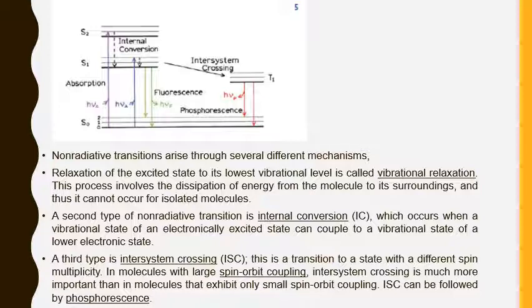Now, if there is a possibility of a triplet state in the system, then intersystem crossing may occur, in which the transition takes place with a different spin multiplicity. In molecules with large spin-orbit coupling, intersystem crossing is more important than in molecules that exhibit only small spin-orbit coupling.